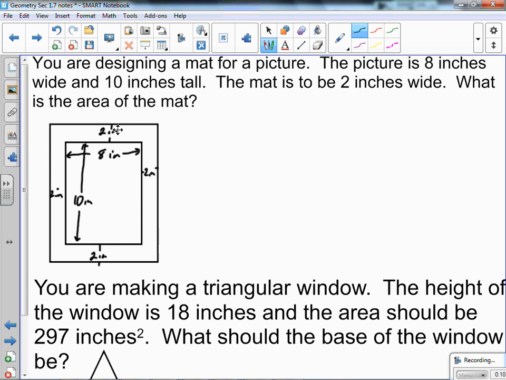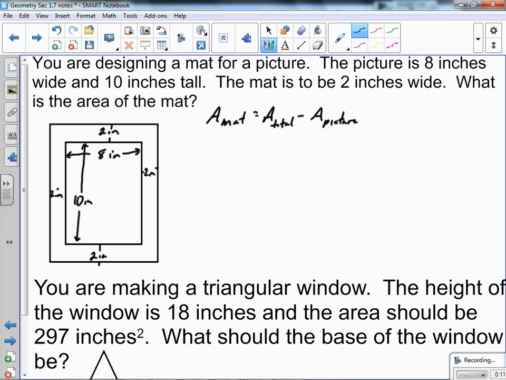So in order to figure out the area of the mat, to get just the mat, we're going to have to find the total area of the whole big rectangle, and then we can subtract the size or the area of the cutout for the picture. So it would be area of the total minus area of the picture to get the area of the mat.